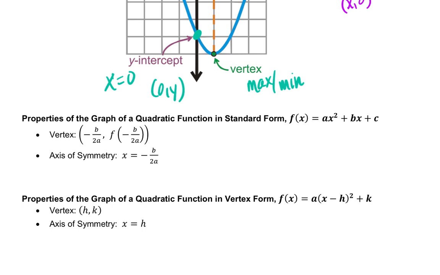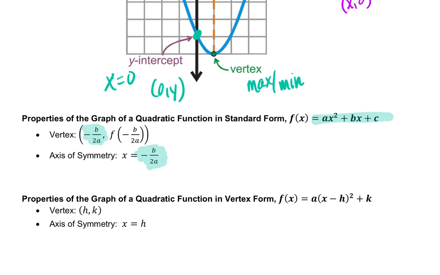When you're in standard form, to find the vertex, the x value is negative b over 2a, and then your y value is the function of negative b over 2a. So once you've plugged it in, okay? And then your axis of symmetry is the x value of your vertex.